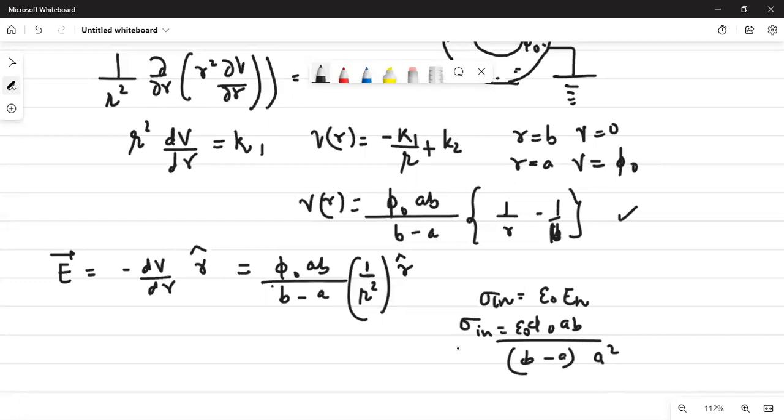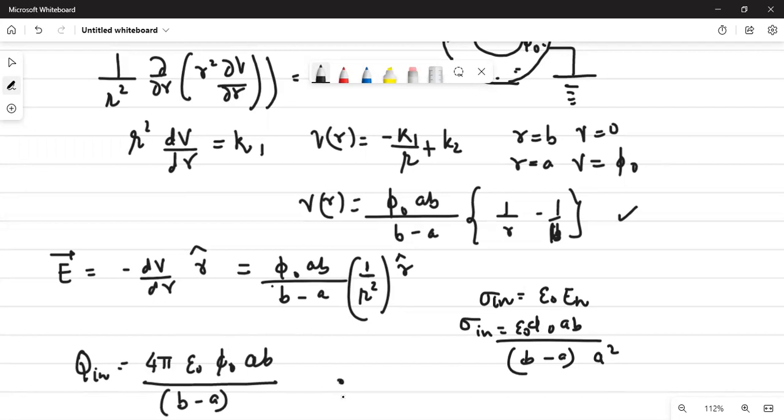And what will be the total charge on the inside plate? The charge on the inside plate will be simply this all multiplied by 4πa². So if I multiply this by 4πa², I'll get 4π epsilon naught phi naught ab divided by (b minus a). This will be the charge on the inside plate.